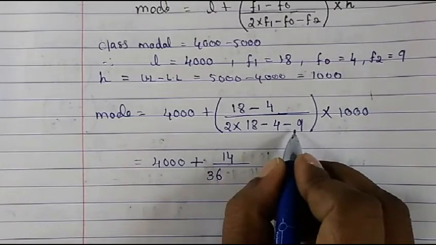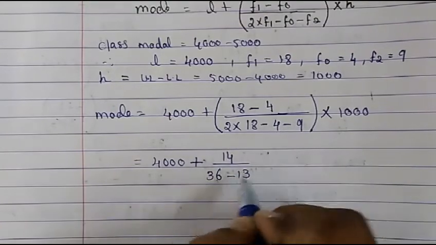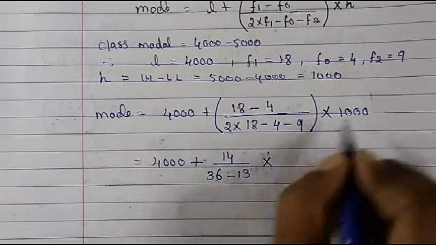Minus 4 minus 9 will give us 13. Whenever 2 minus is there, we have to add them. Sign will remain minus, into 1000.